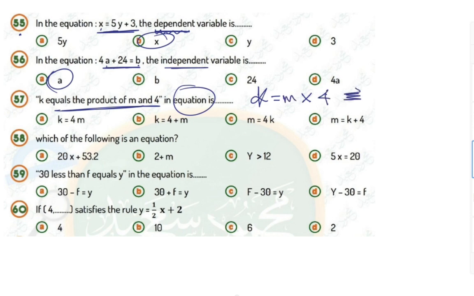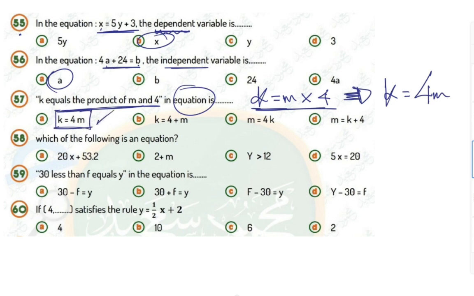But I can turn this into another form, right? K equals 4 multiplied by m, and 4 multiplied by m equals m multiplied by 4. That's the commutative property, but I can write it as 4m. That's the same. Look here, K equals 4m.